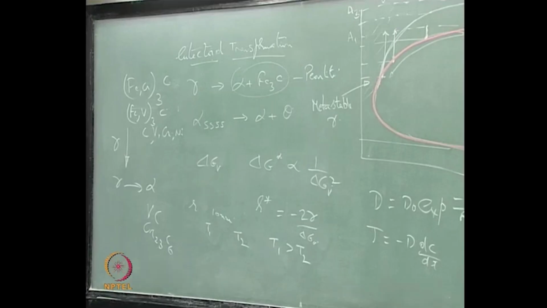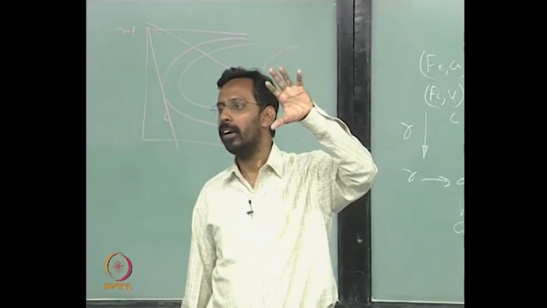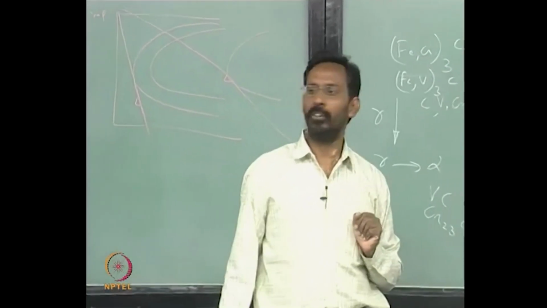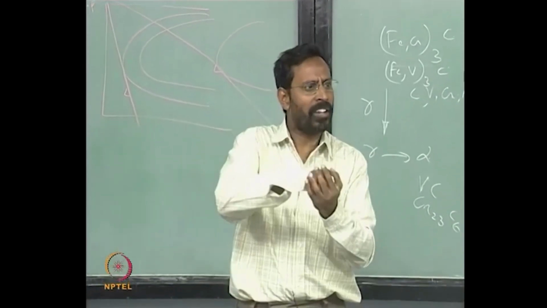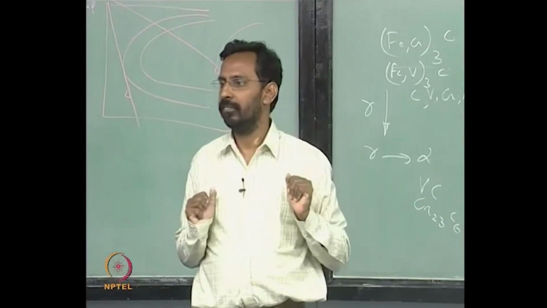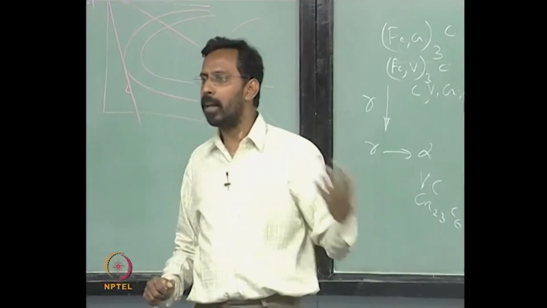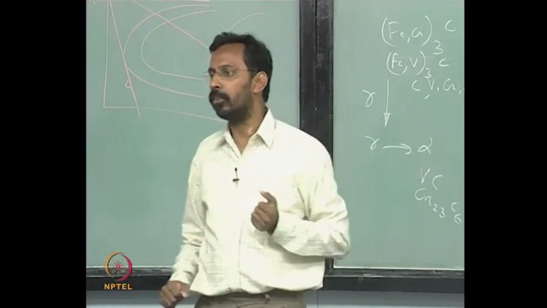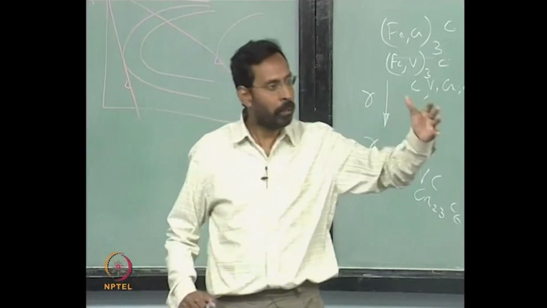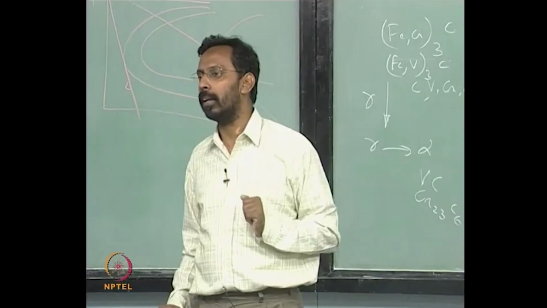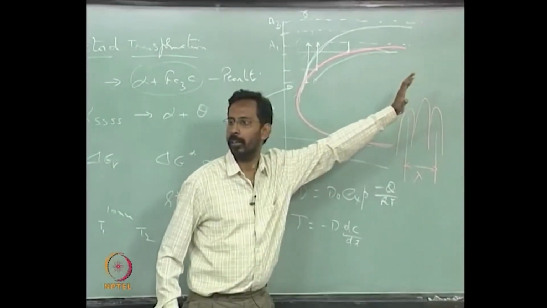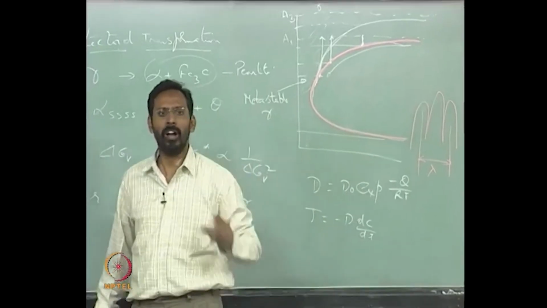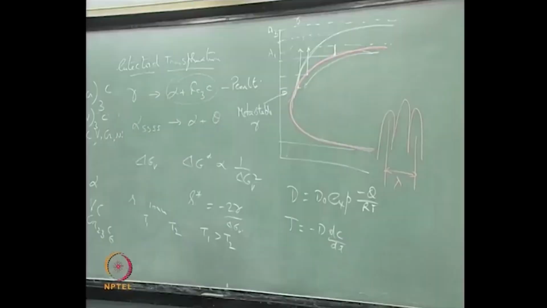Because of the presence of nickel sitting substitutionally inside the gamma, this prevents the diffusion of both carbon atoms and iron atoms, because wherever nickel is sitting there is a strain, since the nickel atom size is not the same as the iron atom size. The movement of both iron atoms and carbon atoms gets restricted, and you will see the curve is shifted to the right. That is why we always say all dissolved elements in iron shift the TTT to the right.